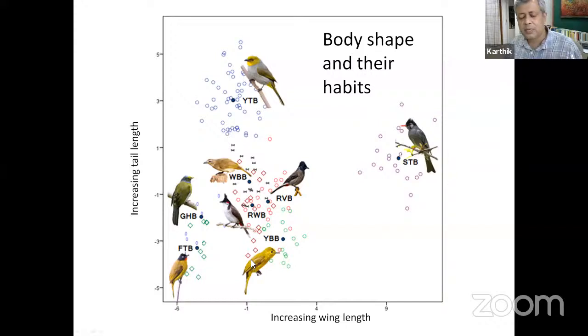If you see a species like the red-whiskered bulbul or the red-vented bulbul, which is very common in and around Hyderabad, these two species have moderate wing length and moderate tail length. So our species of interest, the YTB, has a distinctively long tail, and that is certainly helping them use a specific habitat in the ecosystem.